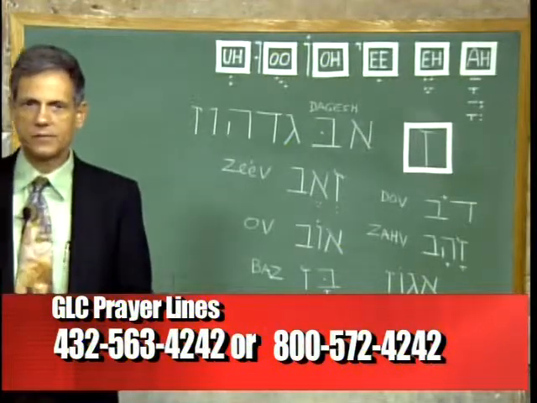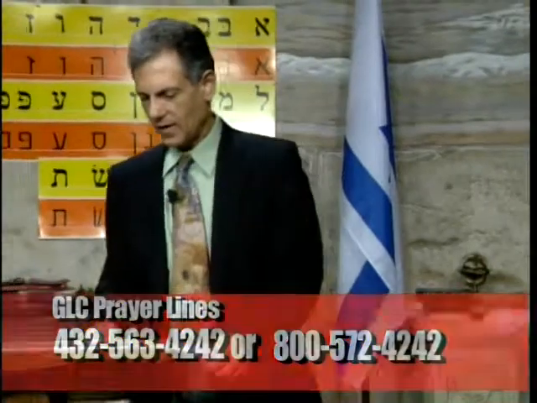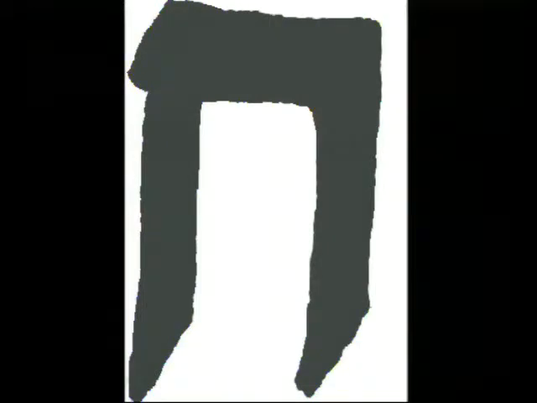The next letter is the letter Het. Now, the Het is interesting. Here it is on the string of letters. Right here, it's number 8. It's the letter number 8. And it's a sound that we do not have in English. It's pronounced Het.